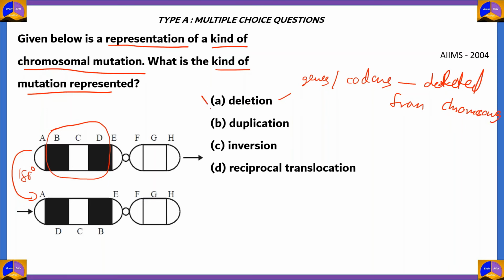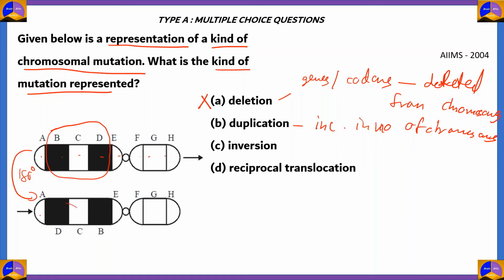So option A is incorrect. What about option B, duplication? Now, duplication refers to the increase in number of chromosomes. But that's not what happens here. If we count each of our chromosomes, 1, 2, 3, 4, 5, 6, 7, 8.